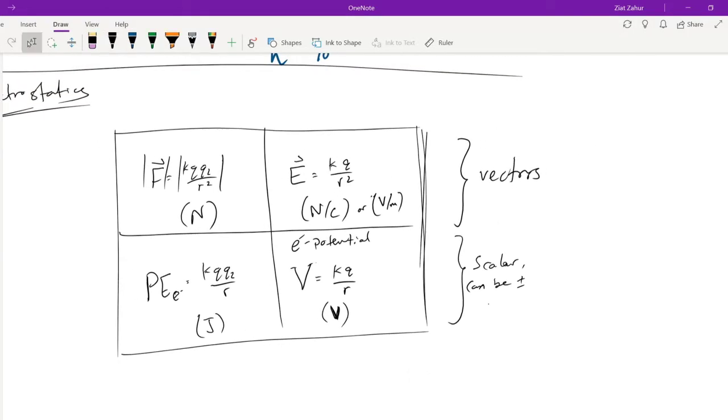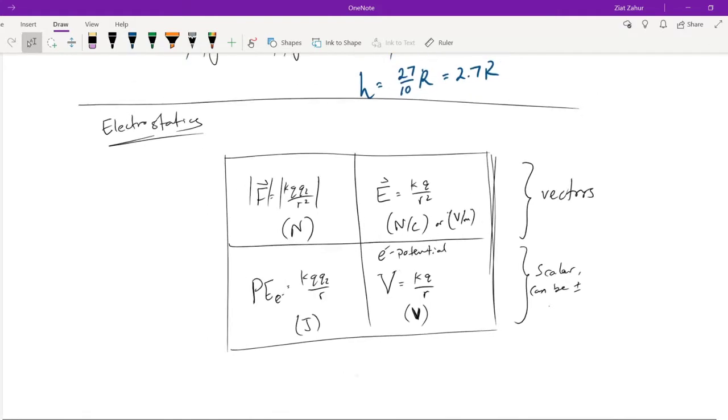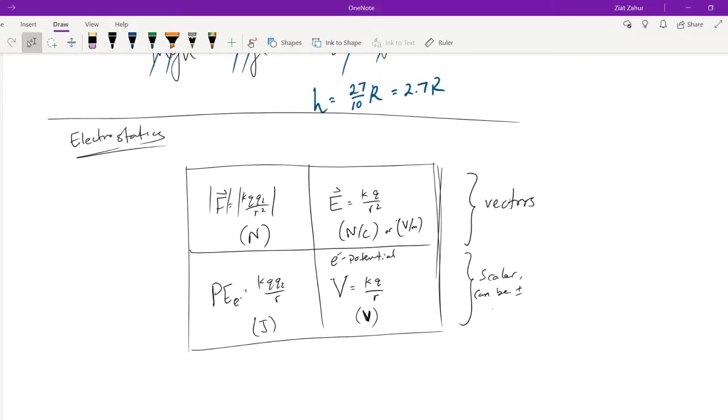So we can do the integral of F dr to get work. Here F equals qE.